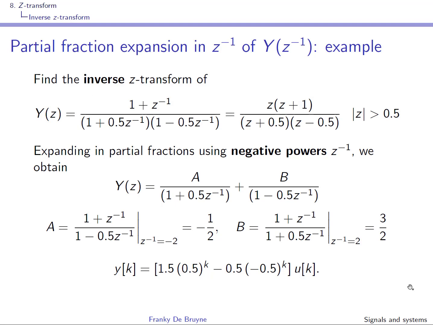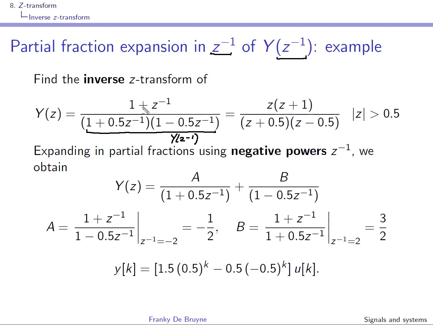In this first slide we'll work with the variable z minus 1, and we'll do the partial fraction expansion of y of z minus 1. So we'll consider this expression here, y of z minus 1, right? We have to check if we have to do Euclidean division, so we have to check if this expression is strictly proper.